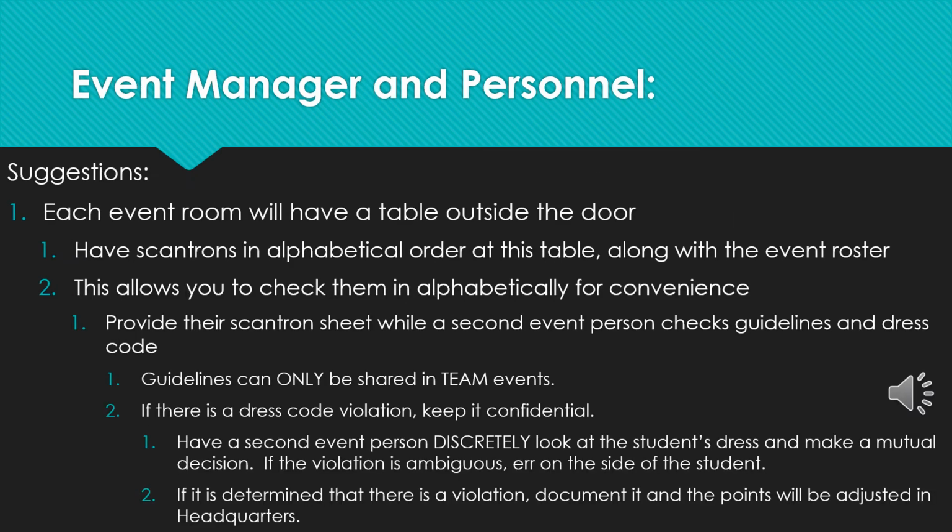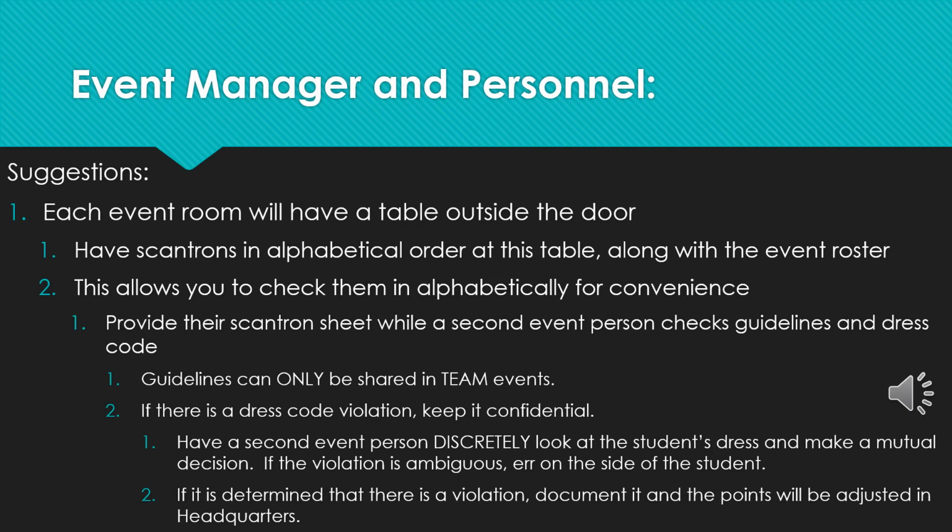My suggestion is to use that table outside your door. If your Scantrons are in alphabetical order, it would be really easy to call those students by name, have them come in by alphabetical order. You can have someone else in the room. Once they go past your table, they can go in the room and be seated.